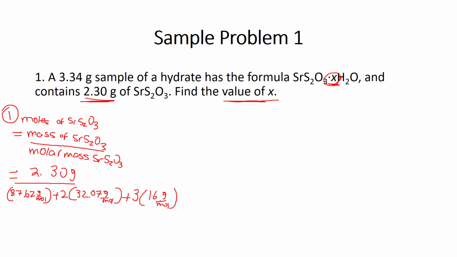Again, these numbers can be found on the periodic table. Once you add all of these up, you will get 199.76 grams per mole.